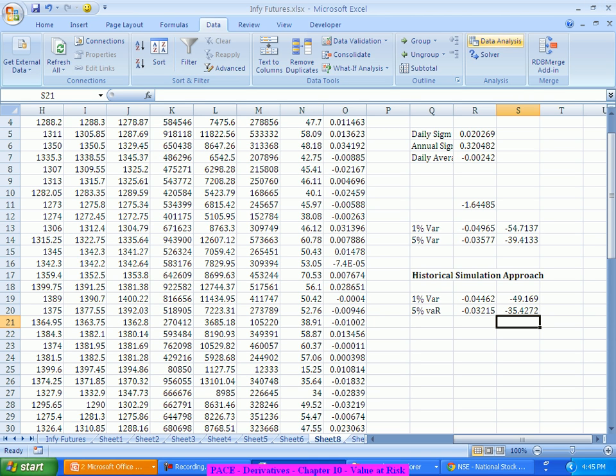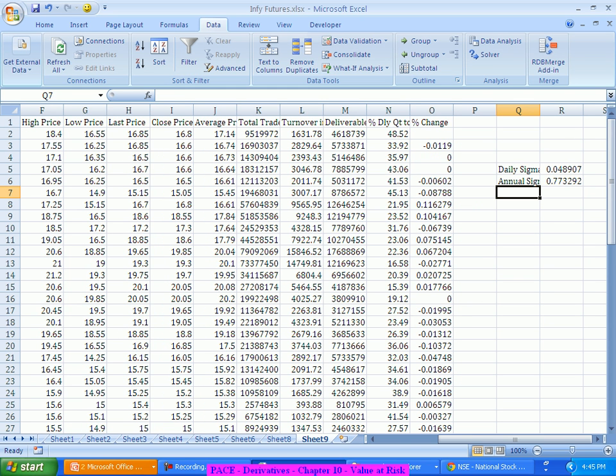Now let's see the same numbers for Kingfisher. I'll take the daily average for Kingfisher also, the average of this number.